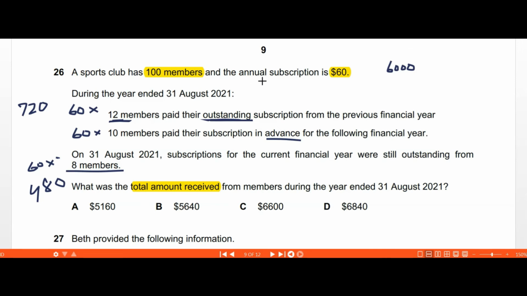So the total subscription that was supposed to be received was 6,000.